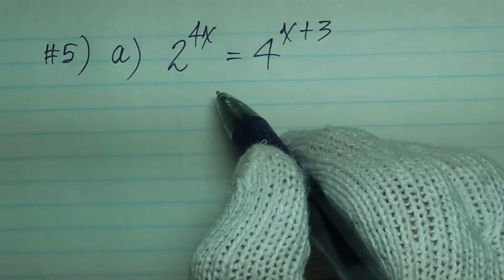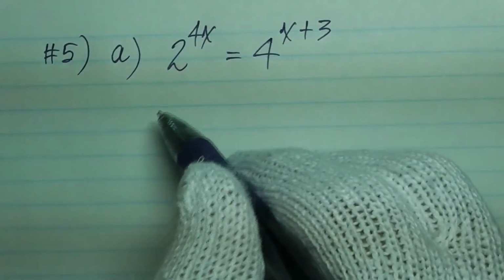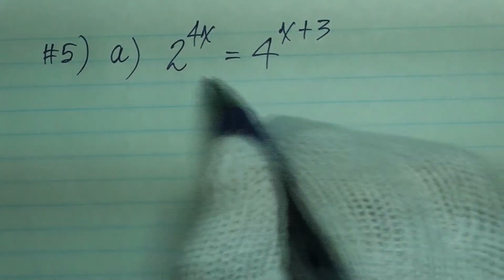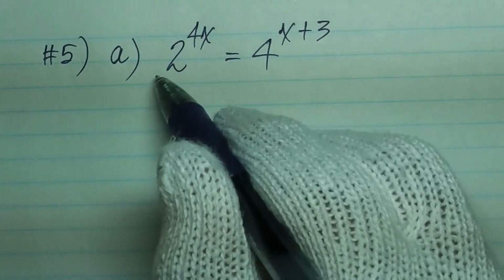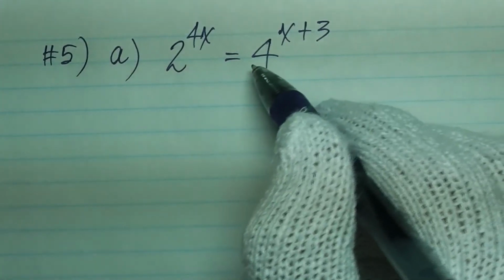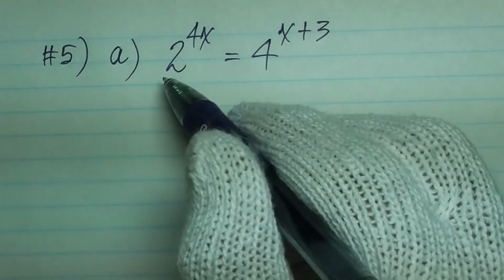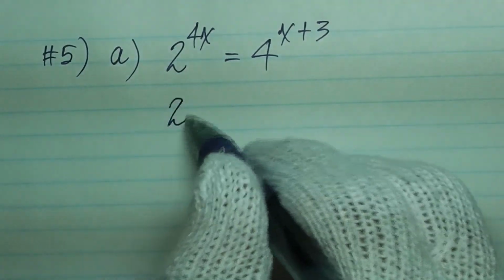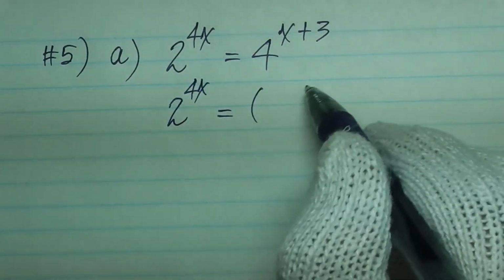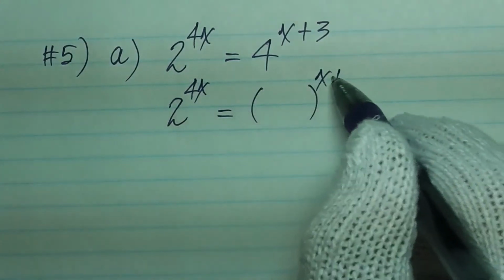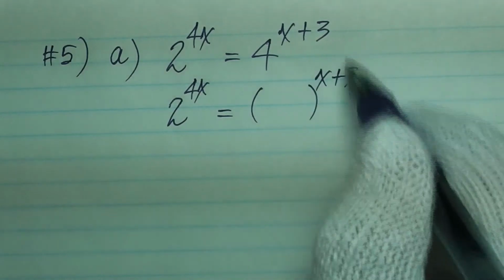Finally, we're going to work on solving exponential equations. The main idea is to write both sides with the same base. I've got 2 and I've got 4, and I can write 4 as a power of 2. So 2 to the 4x equals. So there's my exponent x plus 3.